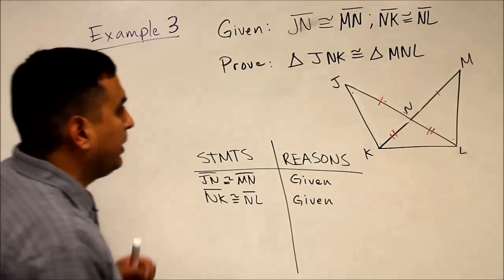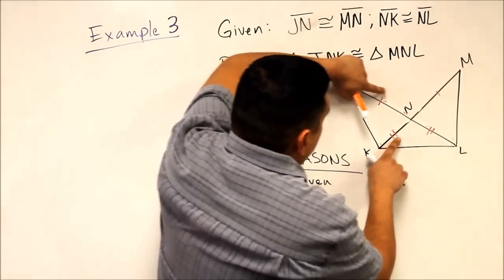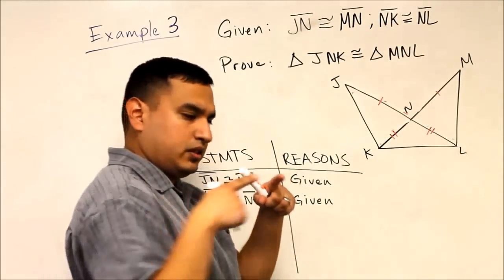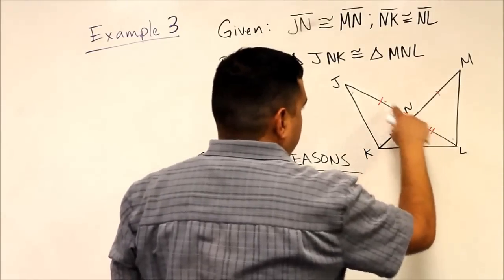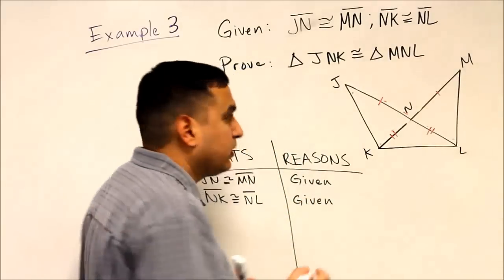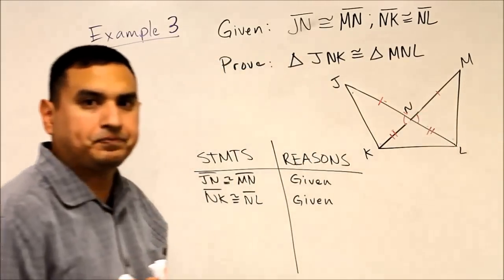Now I need an included angle. If I look at those two segments, they connect at this point in here. So I somehow need to show that this angle here is congruent to that angle there.